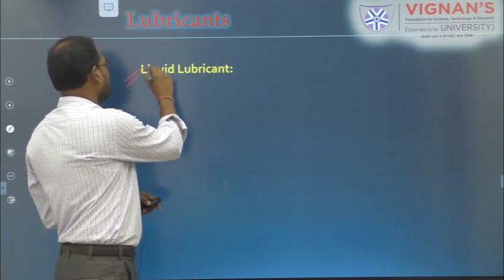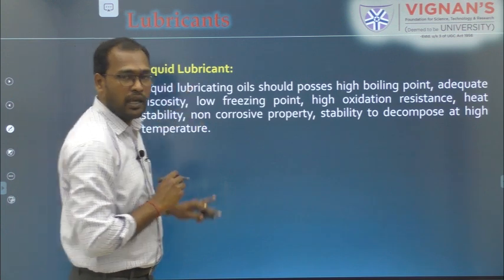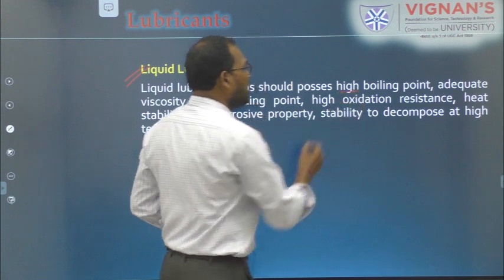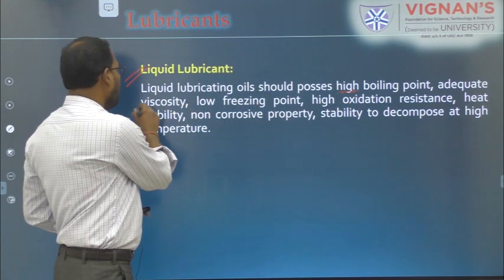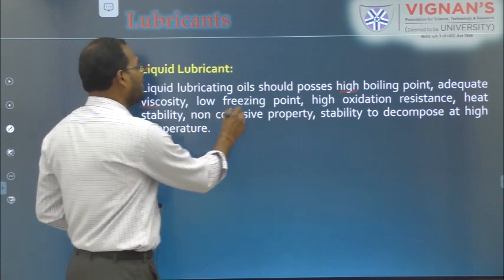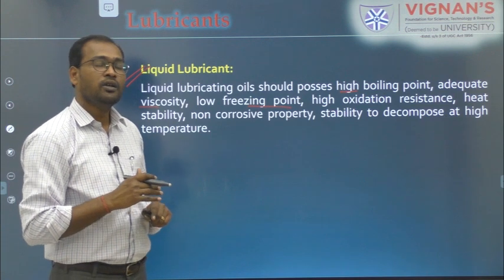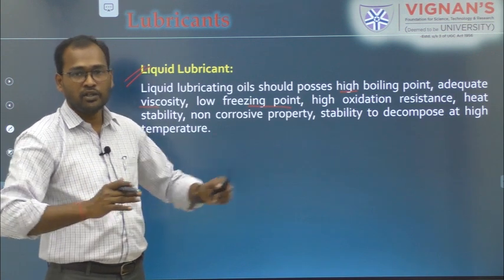Liquid lubricants are mostly oils, and they have these properties. They have a high boiling point, the viscosity is adequate to give flow, and the freezing point should be very low so that they can be used over a wide range of temperatures.